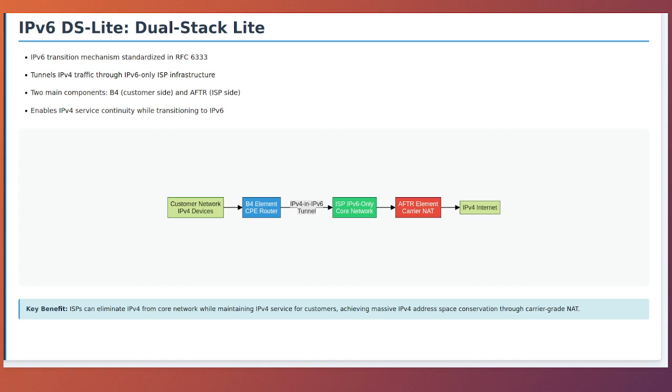And, most importantly, it allows them to conserve precious IPv4 address space by using large-scale network address translation at the AFTR instead of assigning public IPv4 addresses to every customer. ISPs can use private IPv4 addresses at customer sites and perform centralized NAT at the AFTR. This allows a single public IPv4 address to serve hundreds or even thousands of customers.